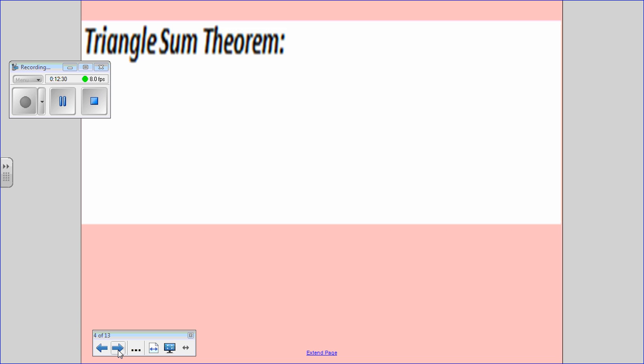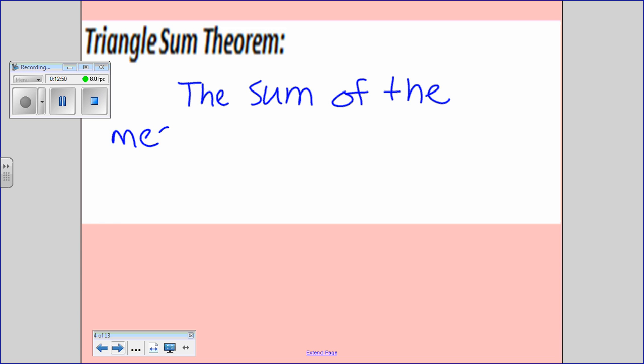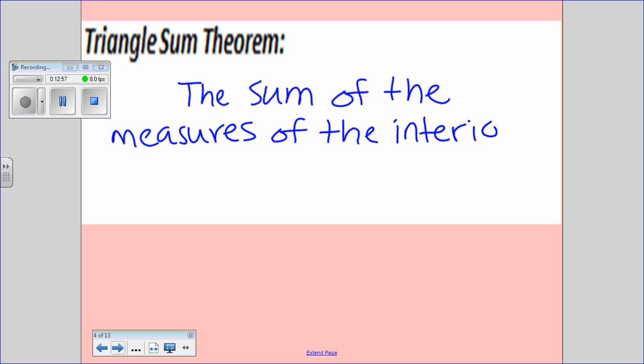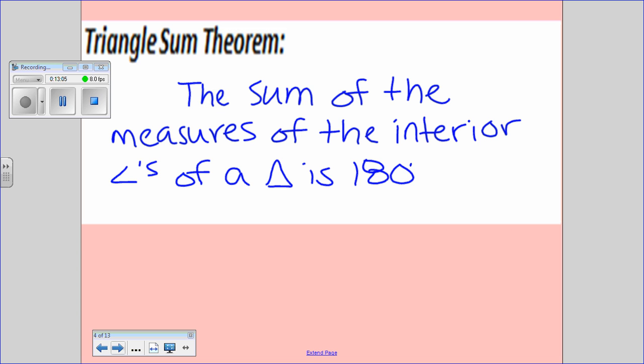All right, on to the theorems that you guys are telling me you already know. The first theorem is called the triangle sum theorem. The triangle sum theorem says the sum of the measures of the interior angles of a triangle is 180 degrees.